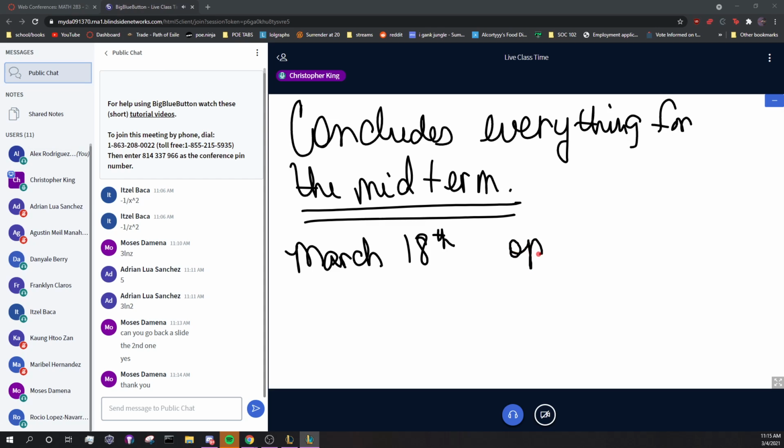It's going to be open starting on the 17th of March and close on the 18th of March. And the 18th of March is a Thursday, so since that's the end day of your test, there will be no live class time that day. So you'll have basically over 2 days to do it, but there's a catch.